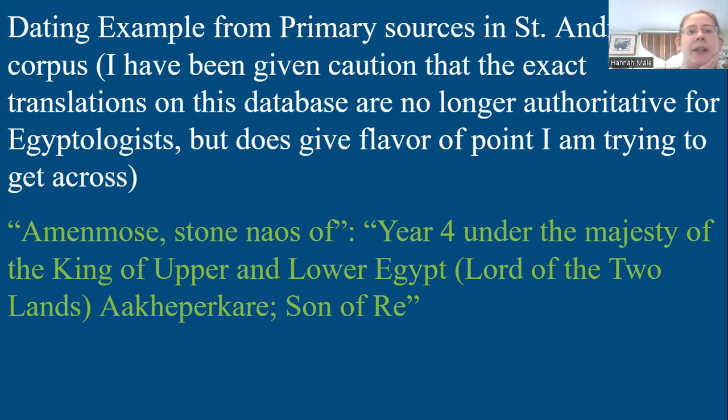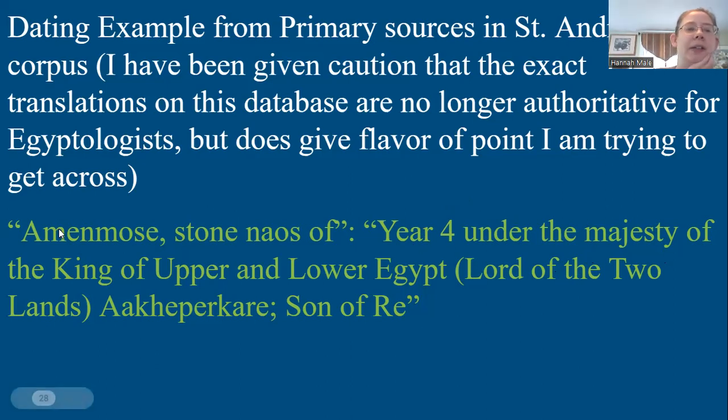So this is from an object, as the caution says, Egyptologists sometimes don't find some of the translations for this database all the way correct, but this does give you the flavor of how the Egyptians dated things. So that's why I kept it.